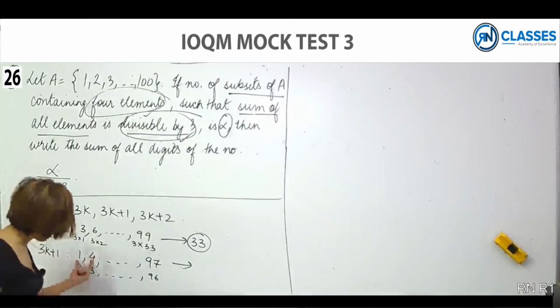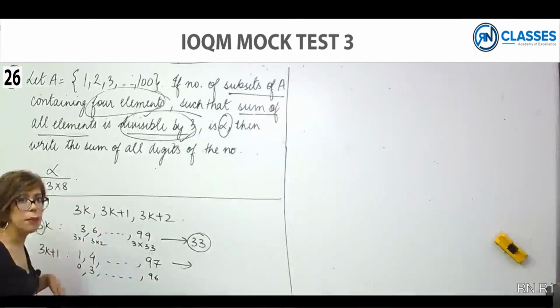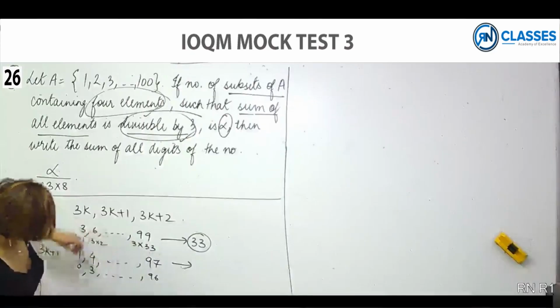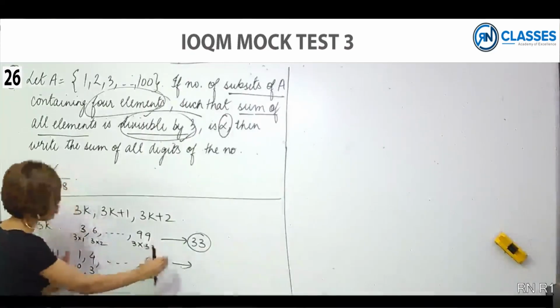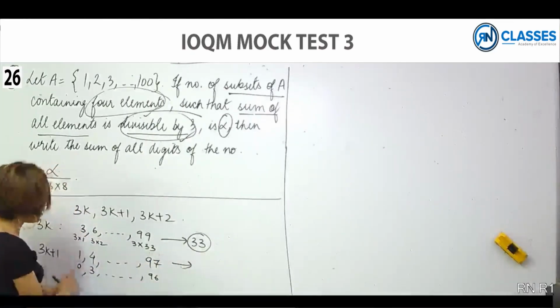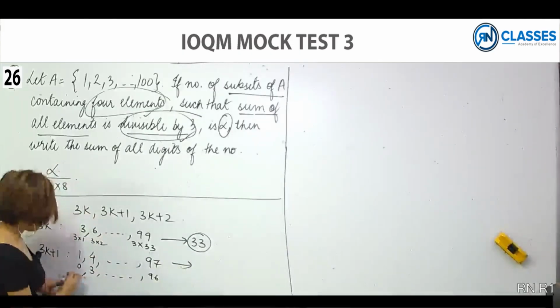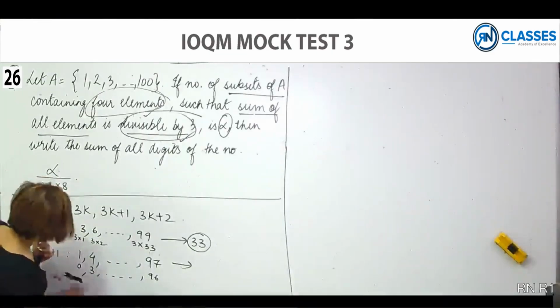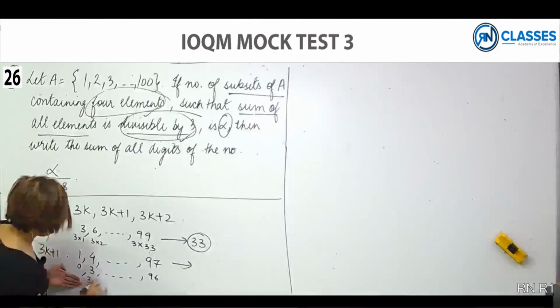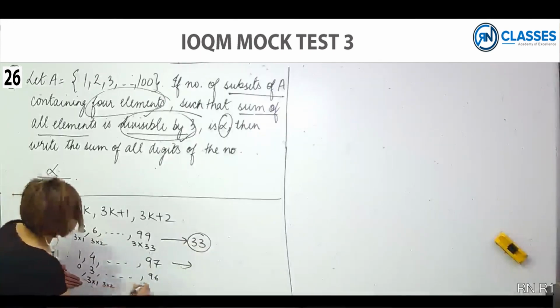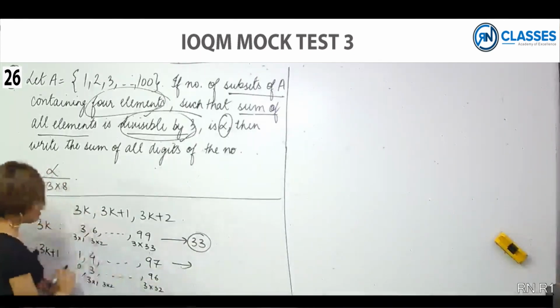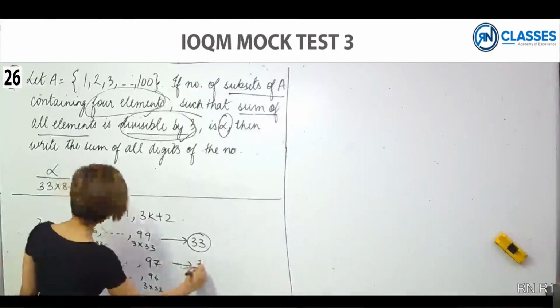Because since the gap is 3, I'll reduce the number. Now, the number of numbers over here would be equal to the number of numbers over here, because corresponding to each I'm writing it here, or you can use the AP method, whatever you want to do. So this is 3 into 0 plus 1, or you know what, just leave it. This is 3 into 1, then I have 3 into 2, and then I have 3 into 32. And an additional one number, so again it is 33.